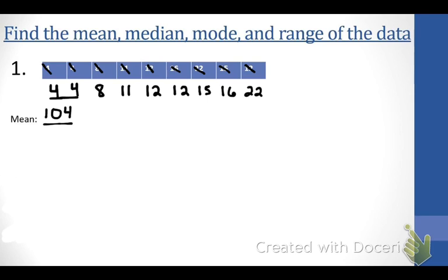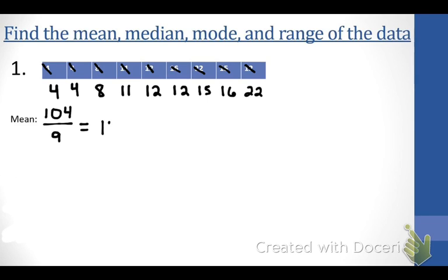I've got 1, 2, 3, 4, 5, 6, 7, 8, and 9. So how many numbers are in my data set? 9. I'm dividing by 9 because there were 9 numbers that we added together. What is 104 divided by 9? What was the answer that you got when you put that in?